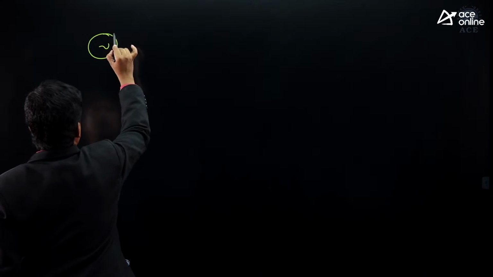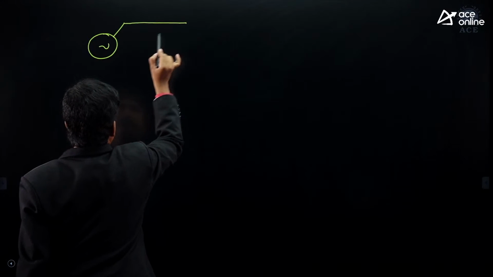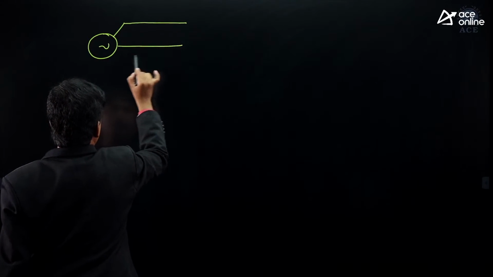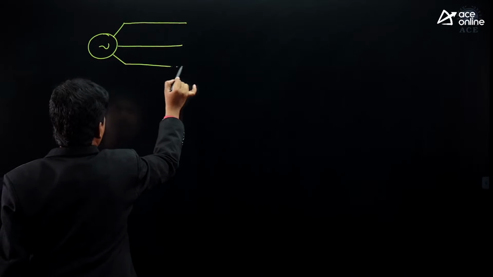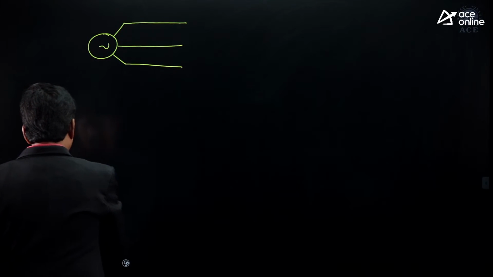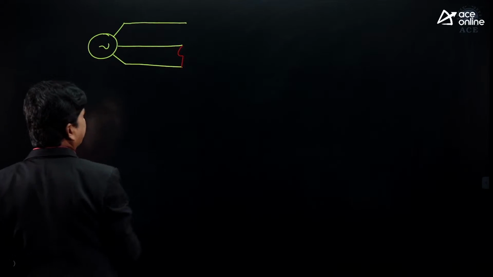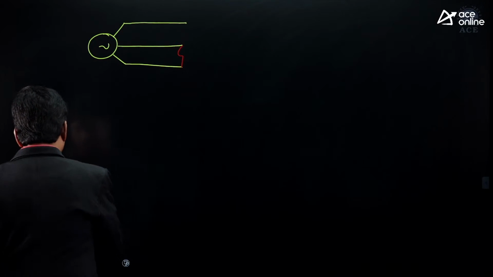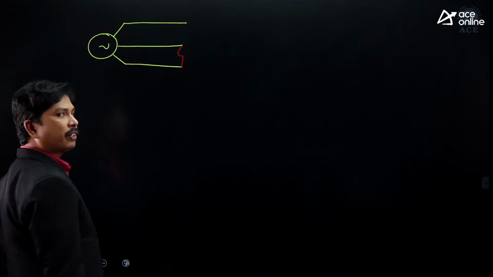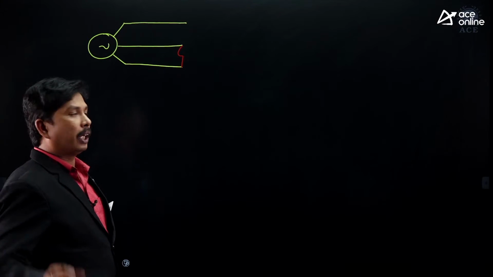And coming to the next one, the same generator whenever it is operating under no load condition, it is phase A, phase B, phase C, right? And we are having a fault between two lines. So between two lines we are having the fault. That type of fault we are calling the line to line fault.